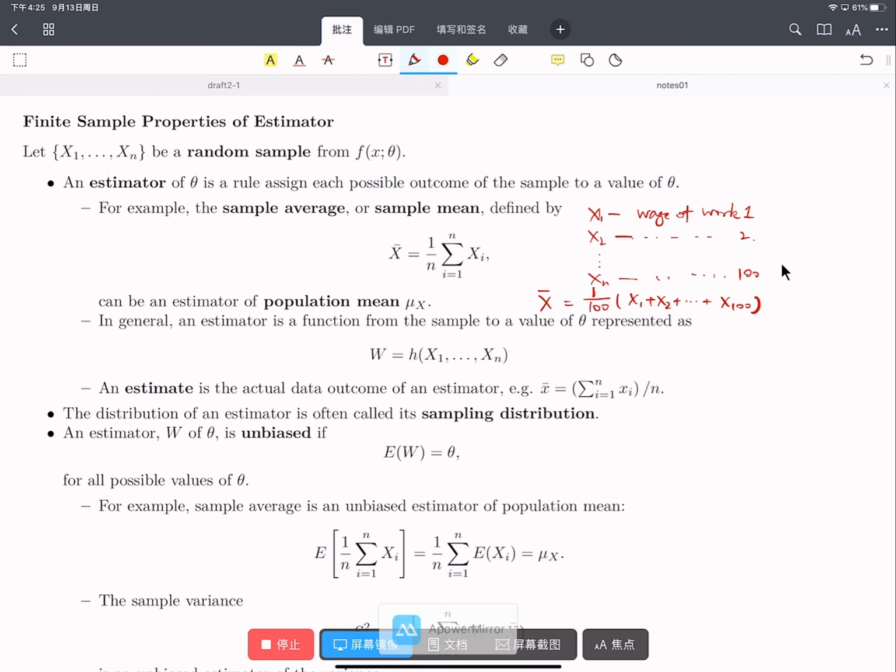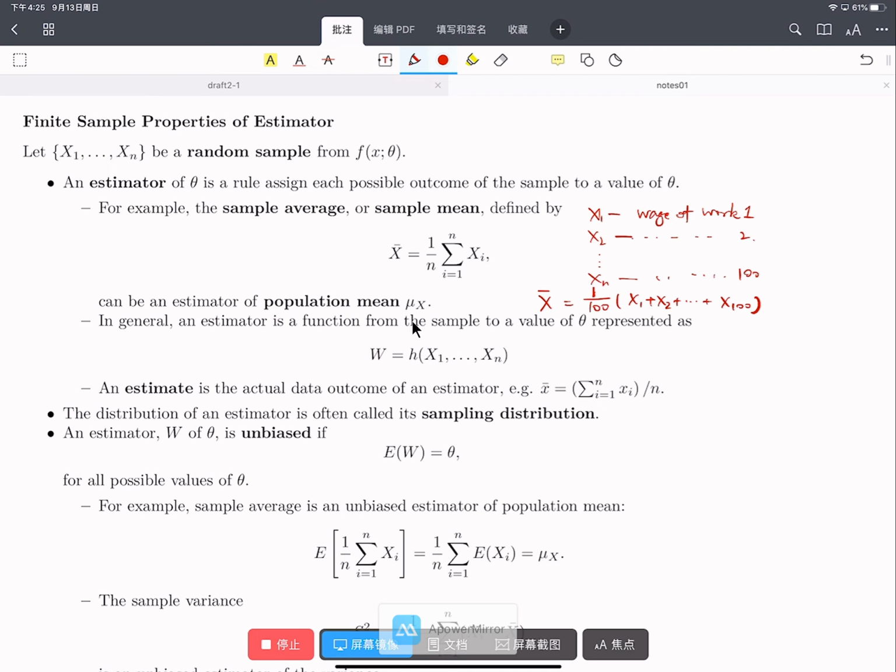So you sum the wage of all workers in your sample. In your sample, you have 100 workers, and dividing by 100, you get the sample average of the wages of all workers. And we use this as a guess, an estimator or estimate, of the population mean.